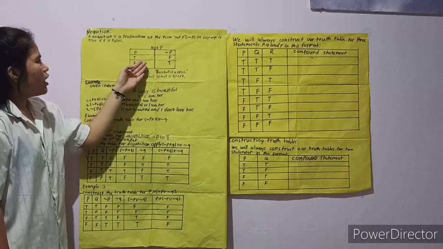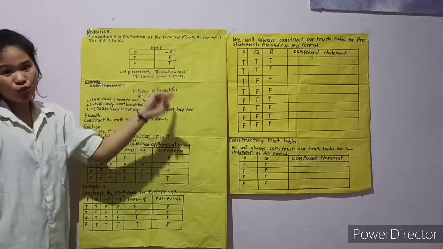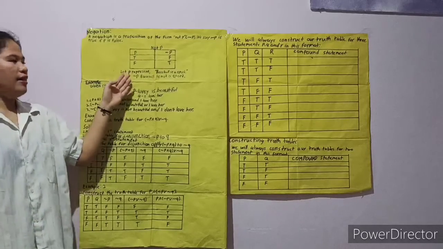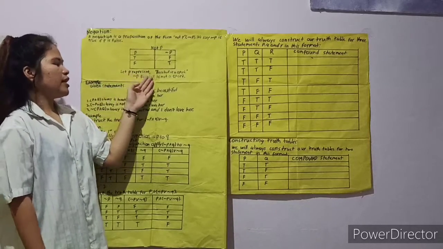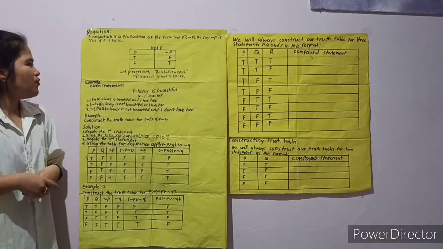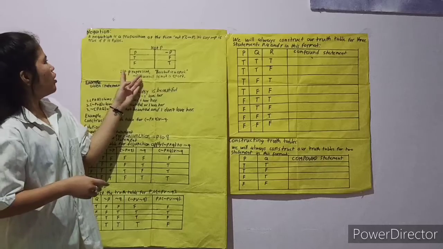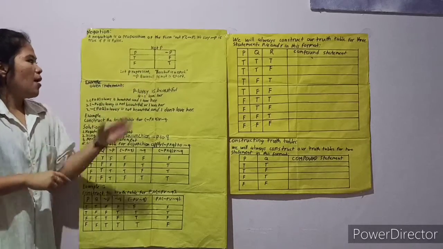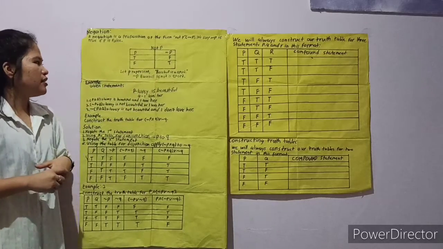And when P is false, not P is true. Here, let P represent baseball is a sport. If we negate the letter P, then baseball is not a sport.